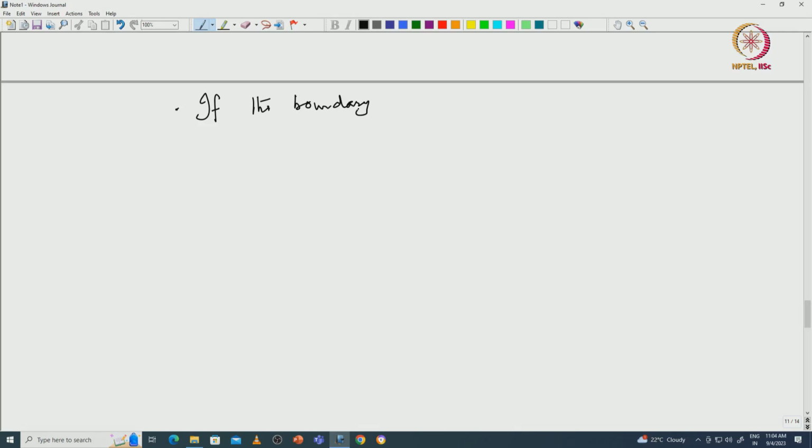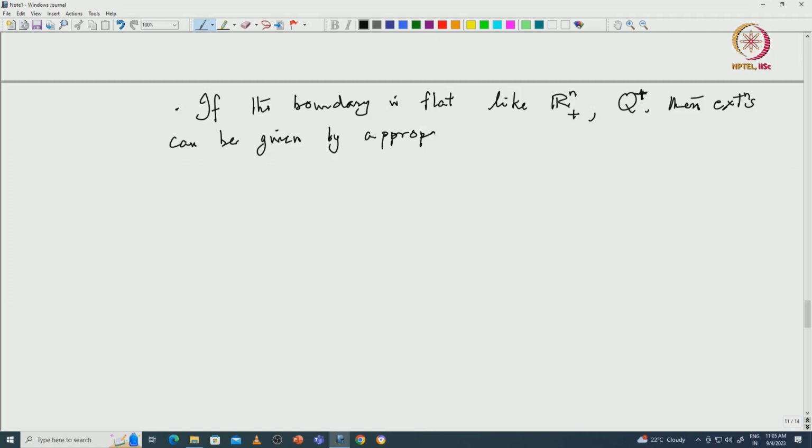If the boundary is flat, like R^n plus, or Q plus, then extensions can be given by appropriate reflections.